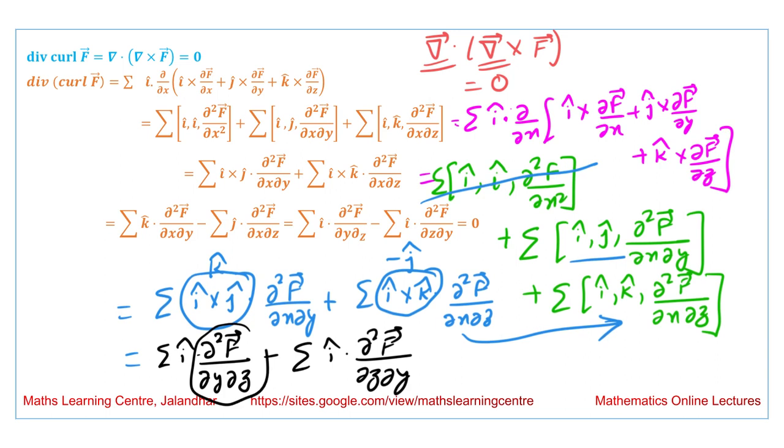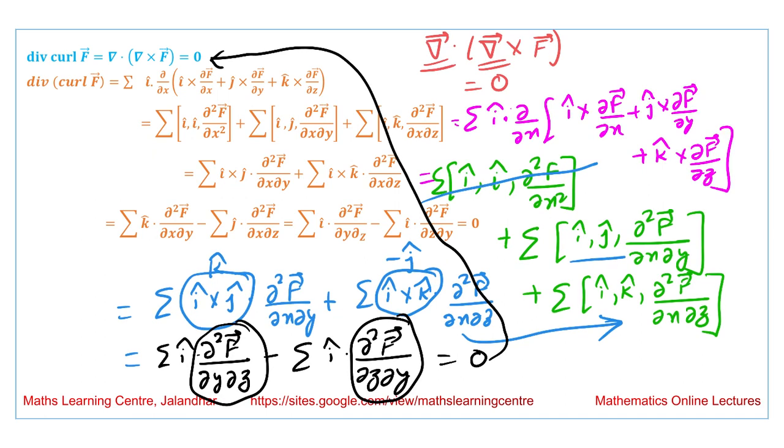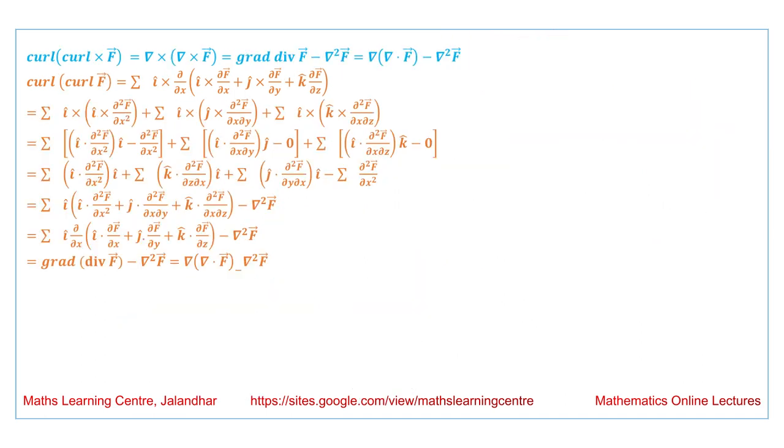Again, both these values are equal because f vector is a continuously differentiable function. So the answer is equal to 0. So we are saying that divergence of curl of f vector is equal to 0.